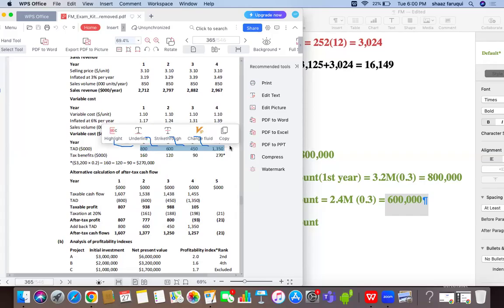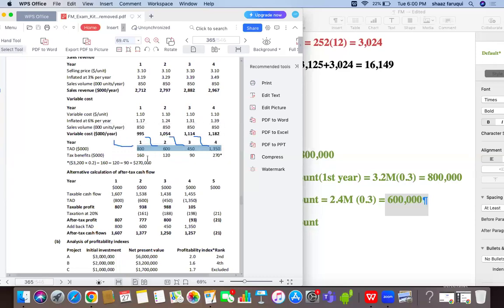The question says that you have tax allowable depreciation, meaning that you don't need to pay tax on that depreciation, and tax is 20%. So you don't need to pay 20% of 800,000 because of depreciation.